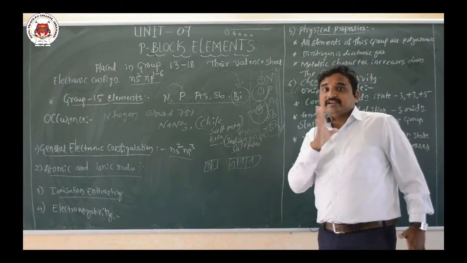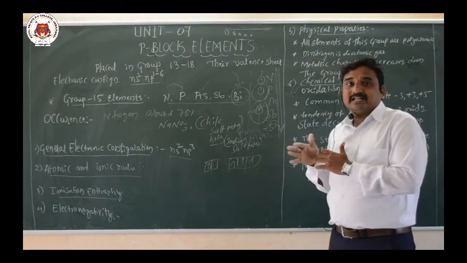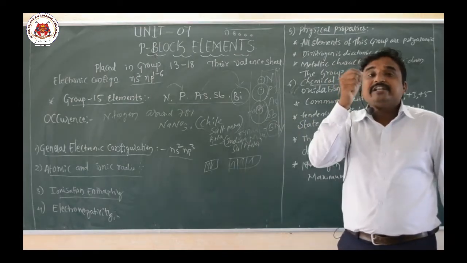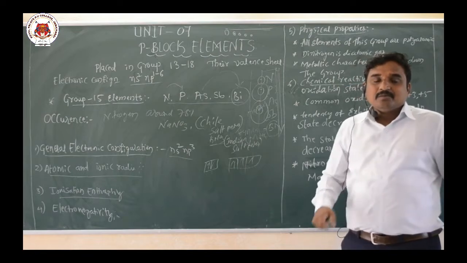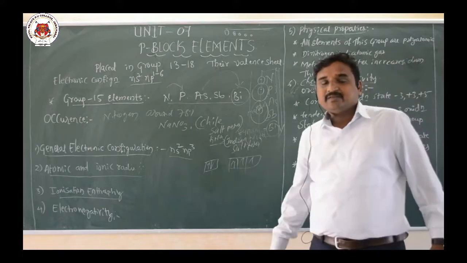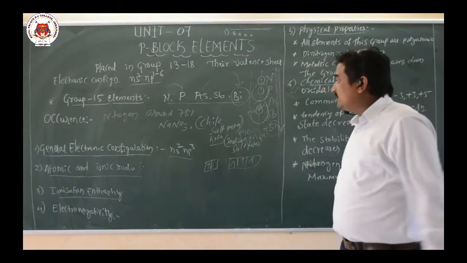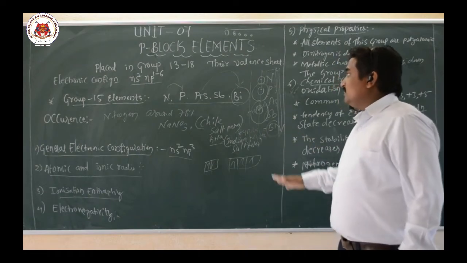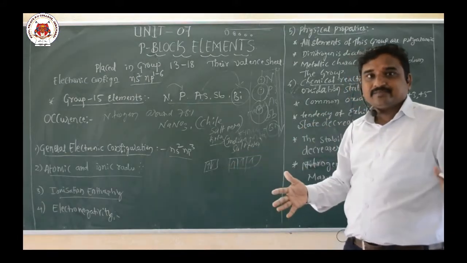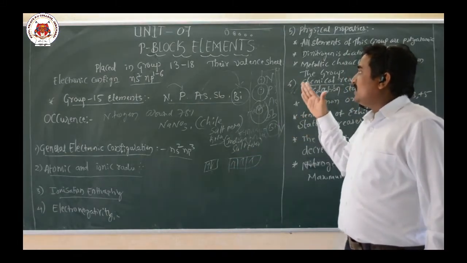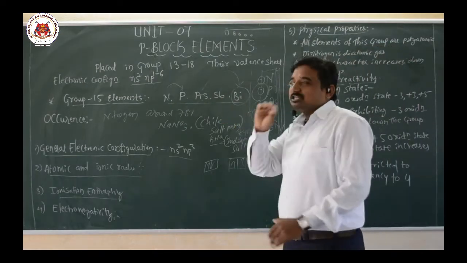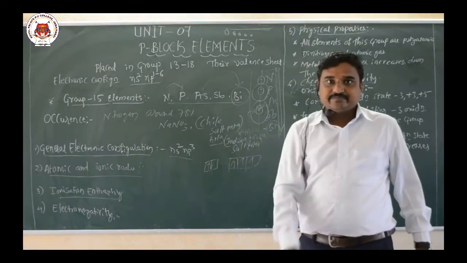The d and f orbitals have a poor shielding effect; d and f block elements are poor shielders. Hence the size of the atom down the group increases. So the atomic and ionic radius increases from nitrogen, phosphorus, arsenic to bismuth, but from arsenic to bismuth there is a smaller increase than expected.